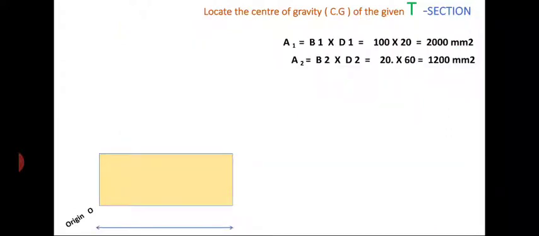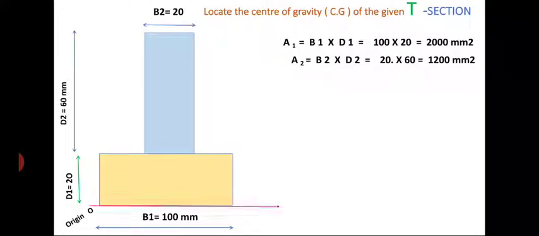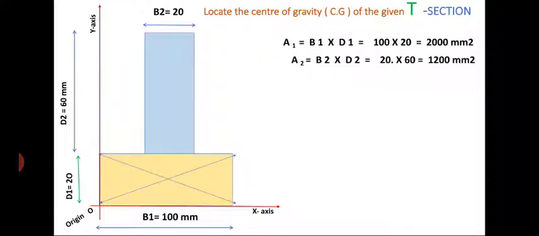Now I am calculating the individual areas. A1 is the area of the bottom rectangle, that is A1 equal to B1 into D1 equal to 2000 mm square, and A2 is the area of the second rectangle, that is A2 equal to B2 into D2. Now I am considering the reference axis, x-axis and y-axis. Now I am drawing the diagonal lines to locate the centroid.